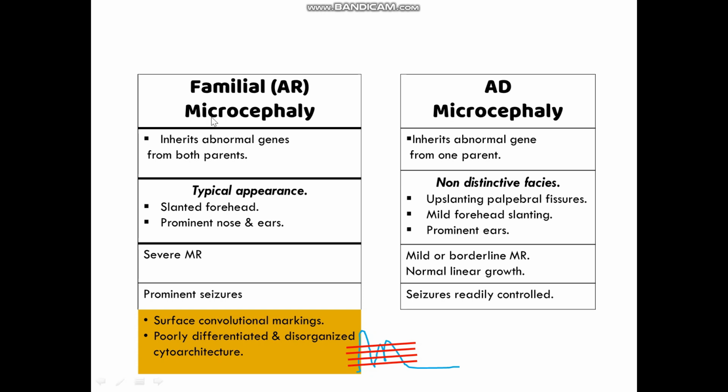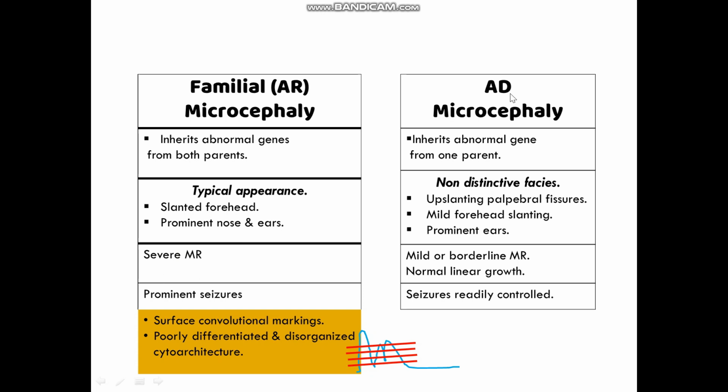As we said before, those types follow a Mendelian pattern of heredity. So here the baby inherits abnormal genes from both parents since it's recessive, so it requires two genes to appear in the baby. The baby has a typical appearance of slanted forehead, prominent nose and ears. Also, there is severe mental retardation and prominent seizures.